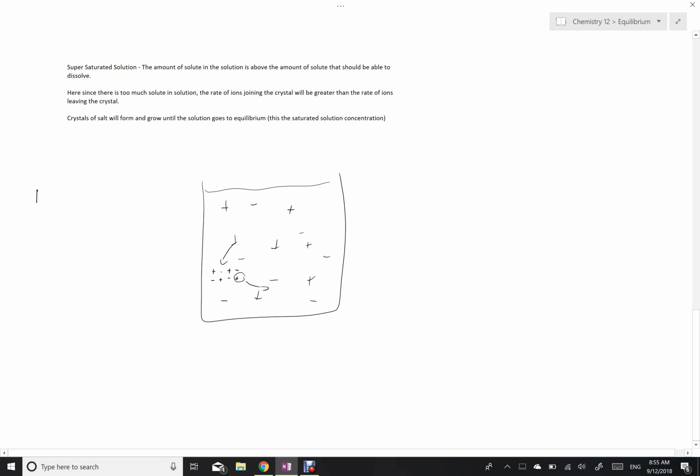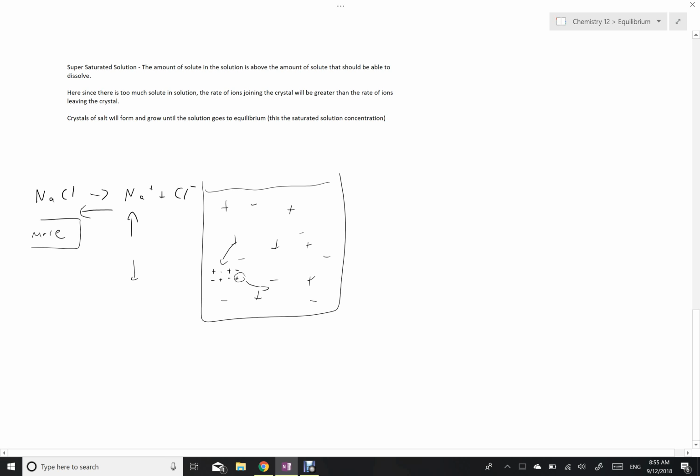So here, we're saying that these concentrations are too high, so they will lower, or the reaction will proceed this way until we get more NaCl.